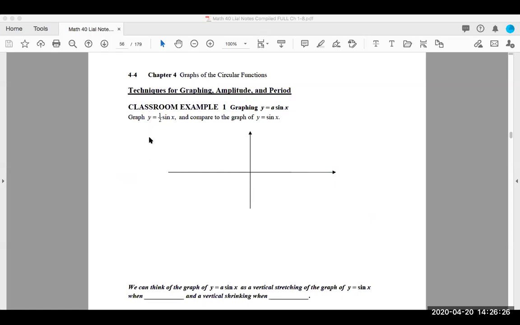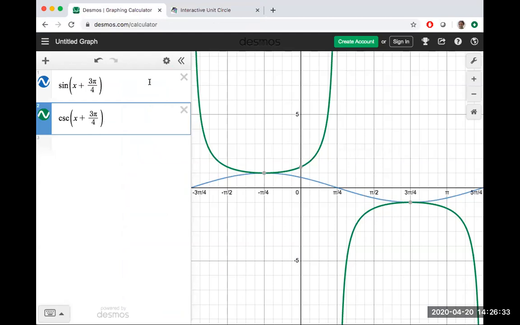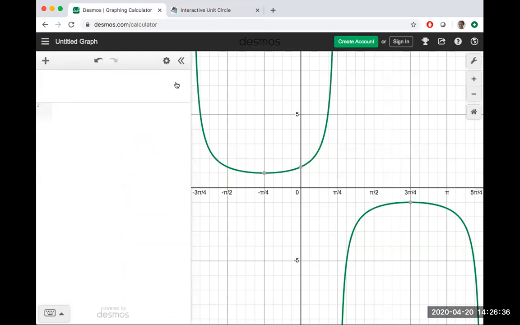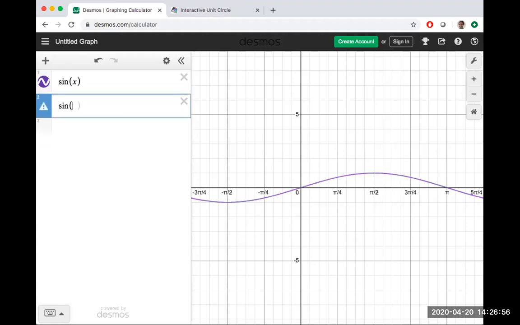Let me clear these out, and then let me pull up Desmos. Let's see, where is it? Okay, so let me clear these functions. I'm going to pull up y equals, I guess you don't actually need to write in y for this. So sine of x, that's in purple. And then we're going to put in 1/2 times sine x.